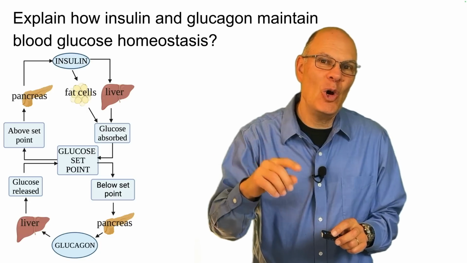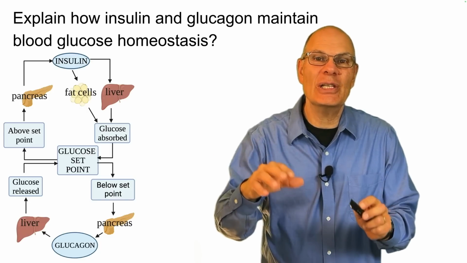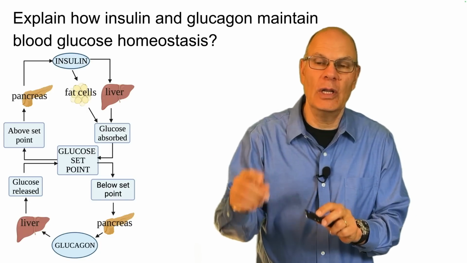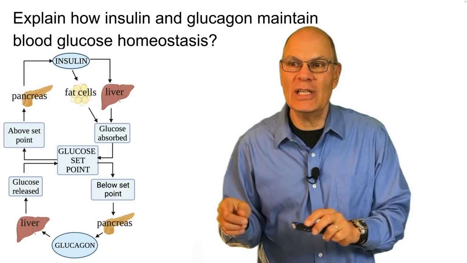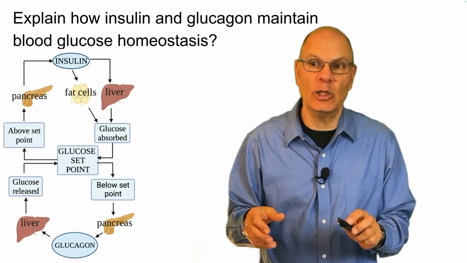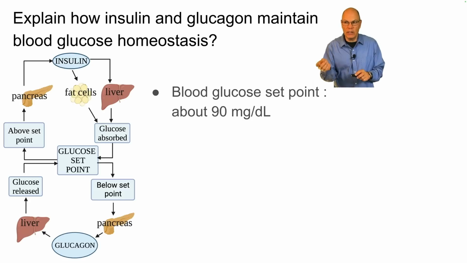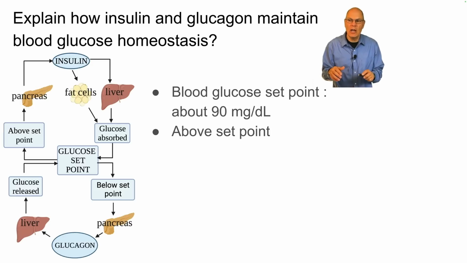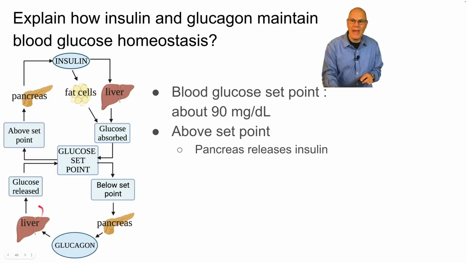But as with our home heating and cooling system, insulin is paired with another hormone. So let's explain how insulin and glucagon maintain blood glucose homeostasis. Our blood glucose has a set point about 90 milligrams per deciliter. Above the set point, the pancreas will release insulin.